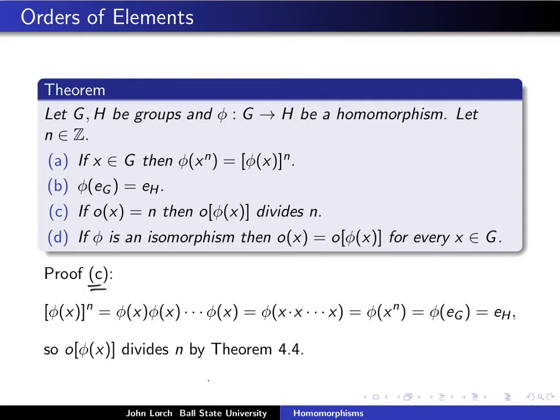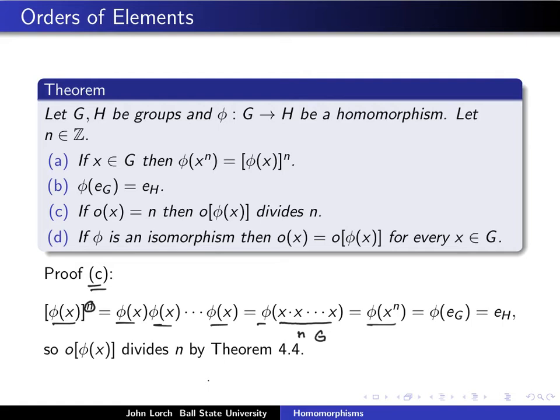Well, what are we going to do? Let's take phi of x and raise it to the nth power and see what happens. So phi of x to the nth, that's phi of x times phi of x, and so on, n times. But remember that phi preserves the operation, and so that means that that's just phi of x times x times x, and so on, n times, where this is all happening in G, right? So this is phi of x to the nth.